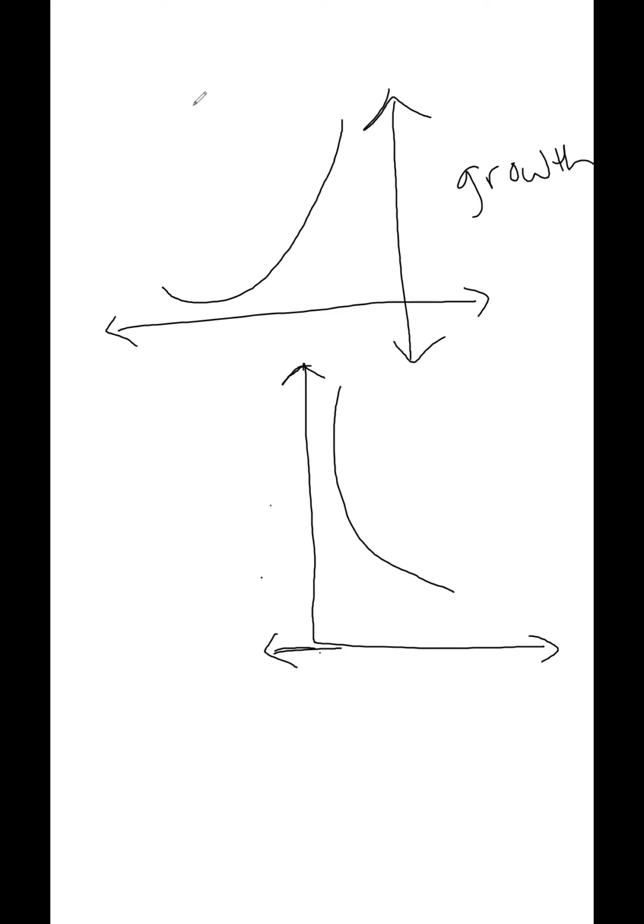So this, we read left to right at the top, that shows a growth. It's going up from left to right. So this is a growth. If you read the lower one from left to right, this would be a decay because it's going down from left to right.